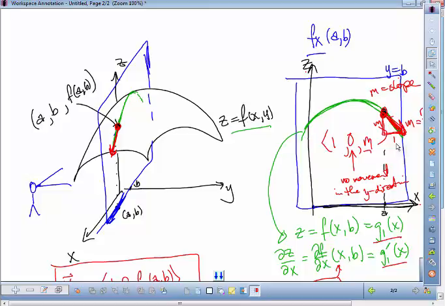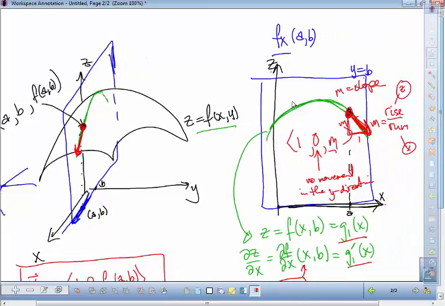Like I said, if we put 15 here, then that's the run, so the rise would have to be 15 times m, right? Because it has to satisfy this equation, rise over run. So whatever we make the run, we have to make the rise so that it's equal to m. So if we put 2 for the run, then this has to be 2m, so the 2s will cancel, and this is equal to m.